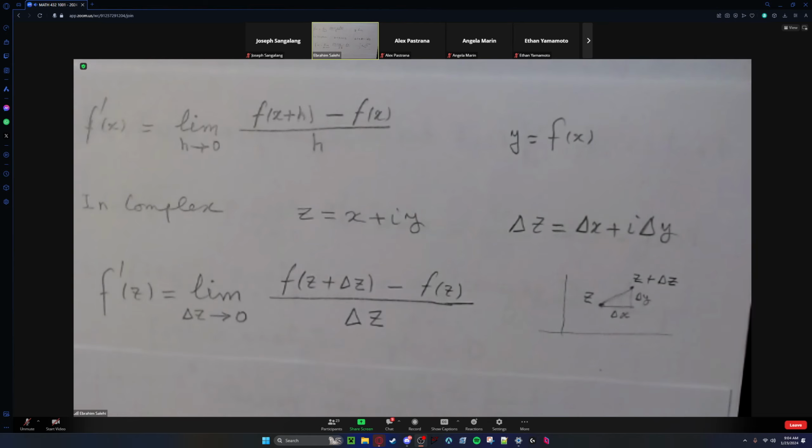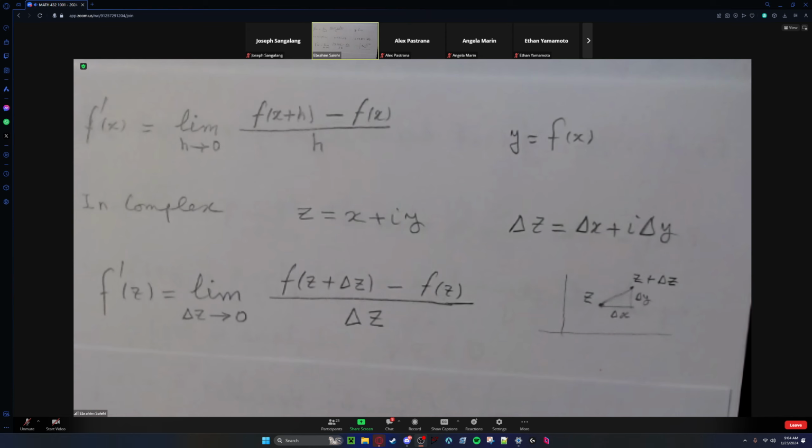So we really didn't change the definition of derivative that we had in calculus 1. And for the same reason, I have good news for you.